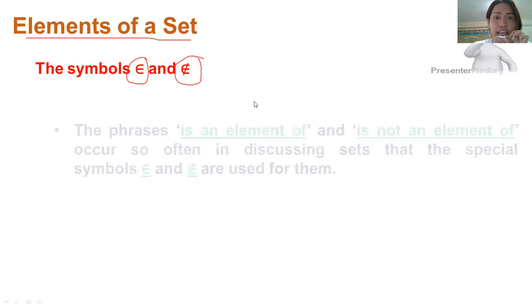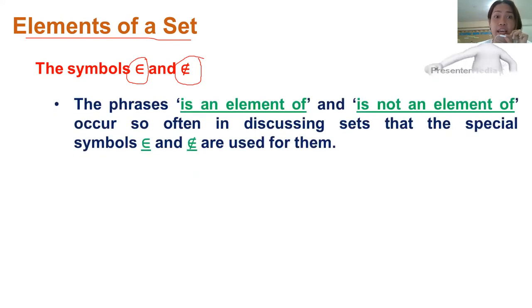For the elements of a set, we use this symbol, which means element of. When you encounter the other symbol, that means not an element of a given set. Let's study how to read the symbols for elements of a set.